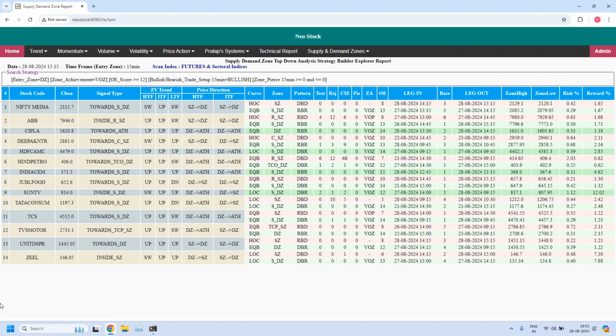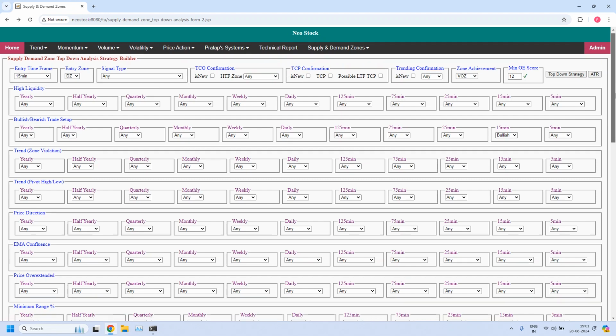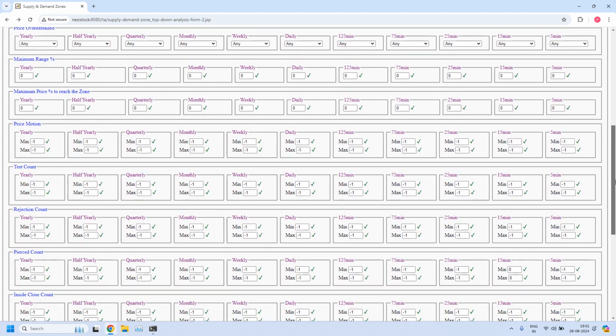Out of these 14 stocks, how many of these stocks are having confluence with ITF time frame? ITF is 75 minutes. That means 15 minutes and 75 minutes zone confluence, demand zone confluence. So let's add the filter, enable the filter.